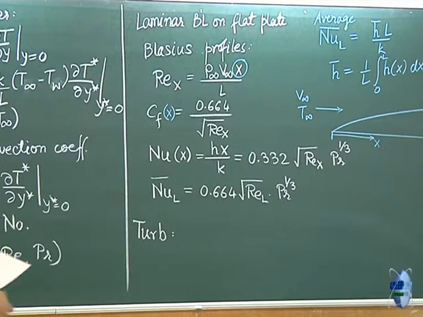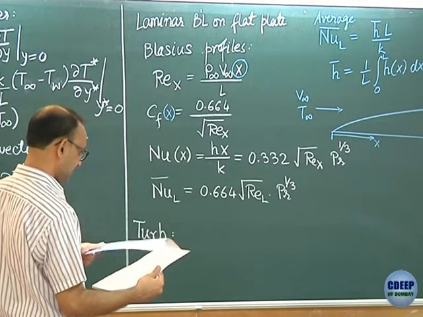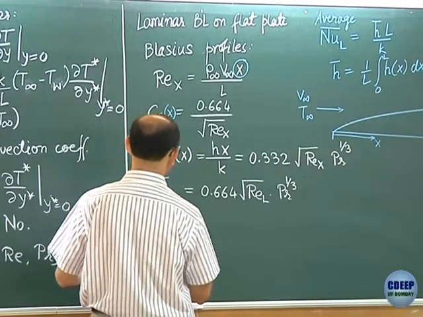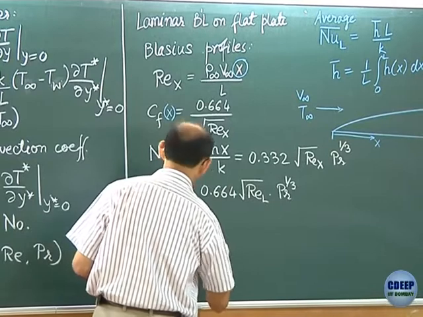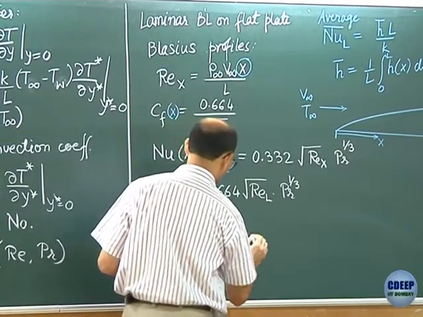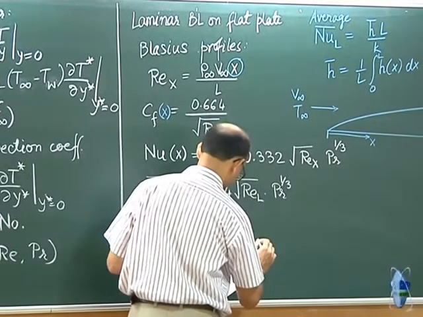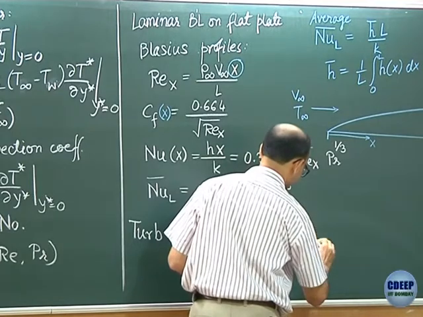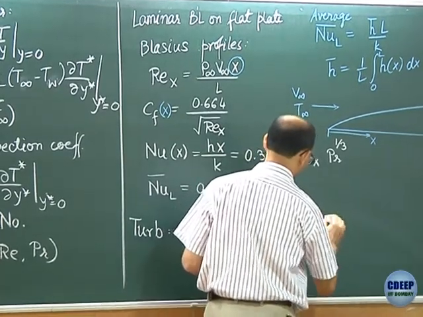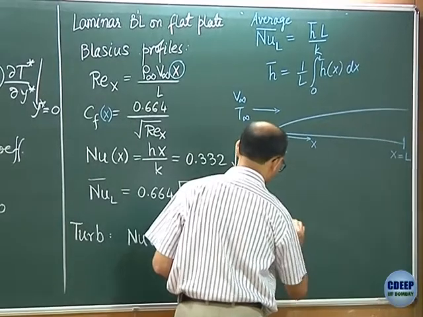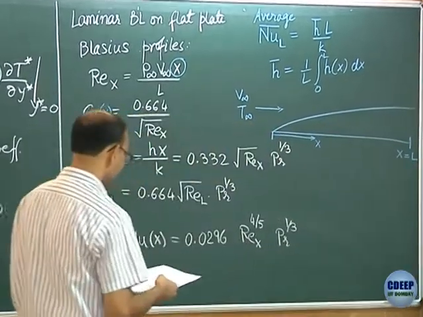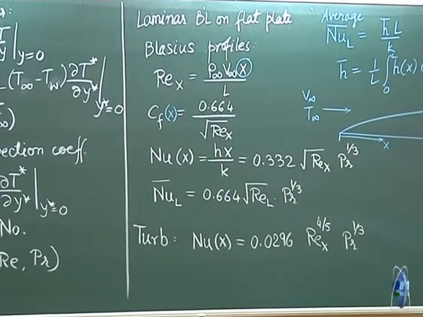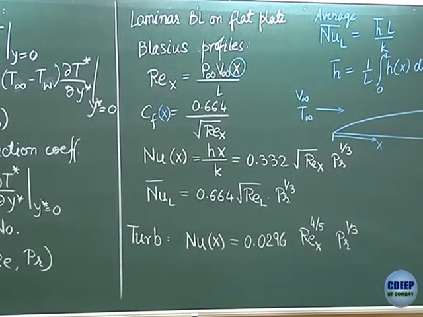You would have a formula which is a little more weird: Nu local as a function of x is 0.0296 Re_x to the power of 4 by 5 Prandtl number to the power 1/3. And you cannot derive this whichever way we want. We have to rely on experimental data.